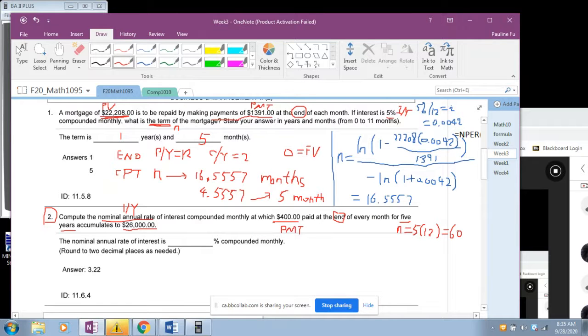So that is N. To accumulate, this is the question: how do you know 26,000 is the present value or future value? The keyword is accumulates. When something accumulates to a number, that number is FV.